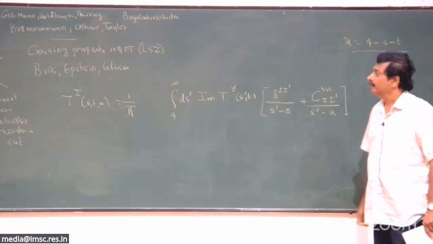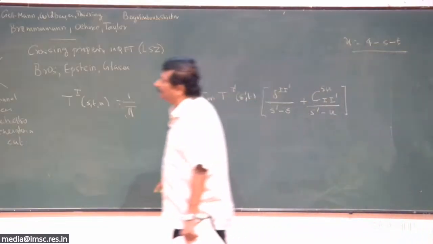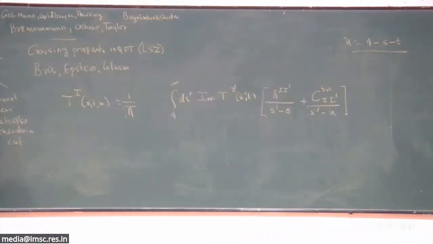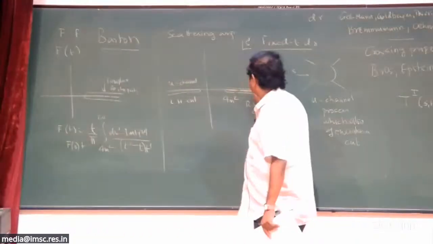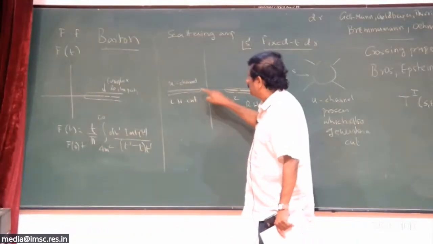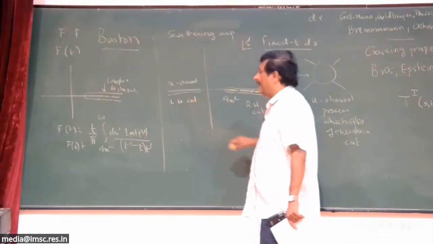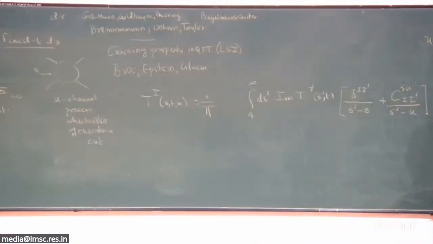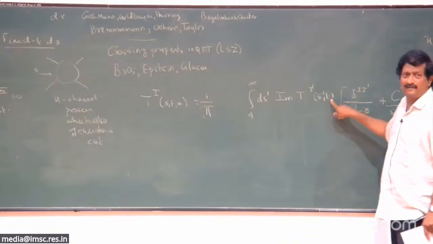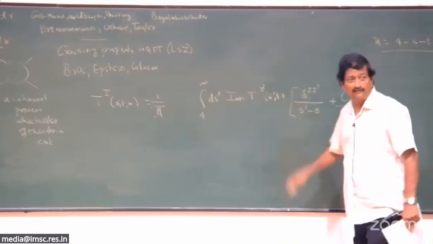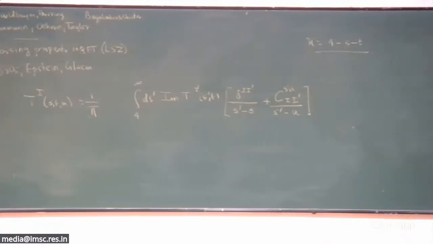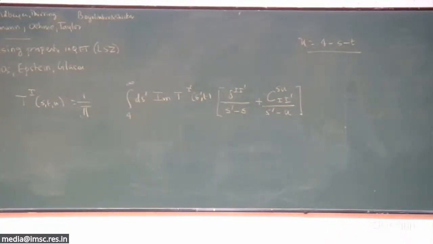So this cut here doesn't start at 4m pi squared, but it starts, depending on the value of S that you have over here, this cut is going to move around. And it is determined by the combination 4 minus S minus T at a fixed S, at a fixed T. Remember, T is fixed. So here, the dispersion relations, when you write them down, are not manifestly crossing symmetric.